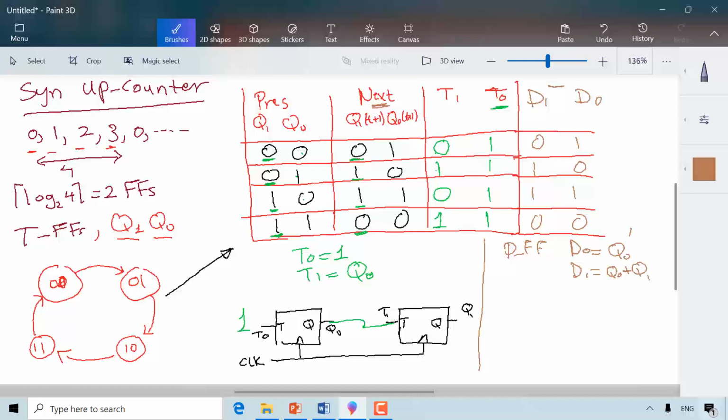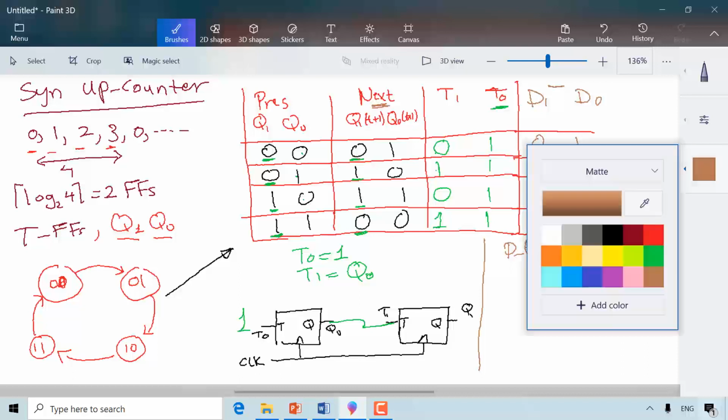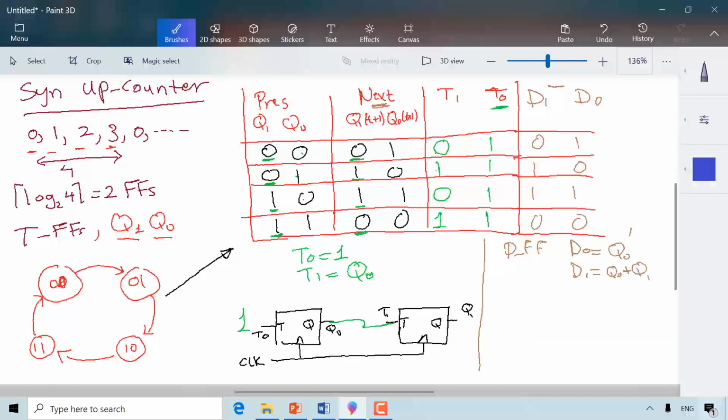Okay, now let's draw the flip-flops. Let's choose a different color here, a blue. So here are my two flip-flops. The first flip-flop: this is D, this is Q, Q0, and Q0 prime.